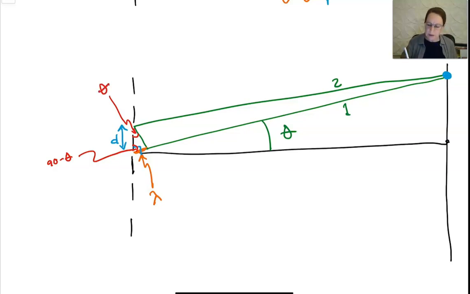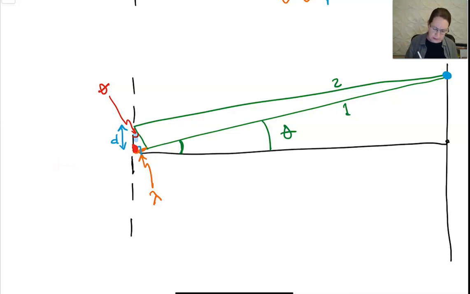Again, just to repeat that, theta is this angle. Together with this angle right here, this red one that I'm coloring in, is 90 minus theta, which means that the angle I'm highlighting right now is again theta, just by our geometry.